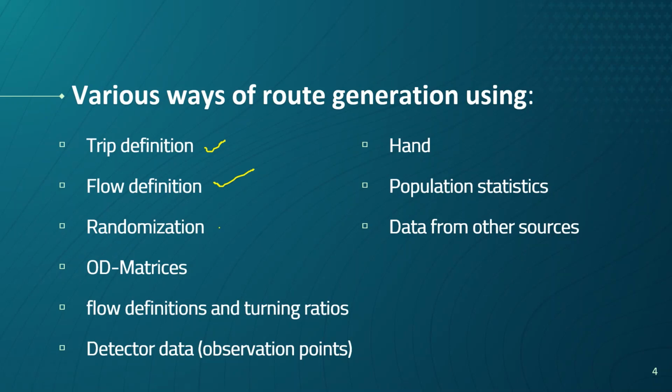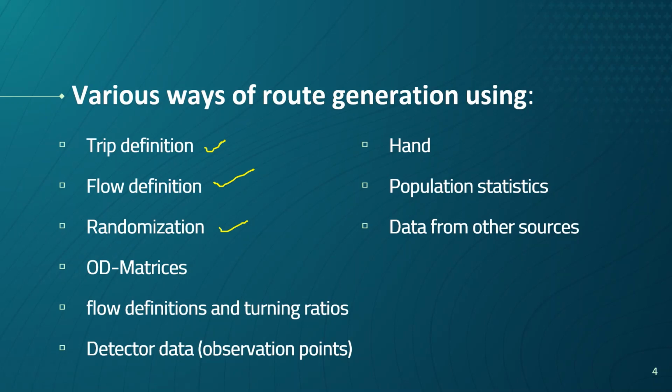We can also use randomization for generating the demand. This is a quick way to get some traffic if you don't have access to any measurement, but be careful, the results are highly unrealistic. We can use OD matrices. The origin and destination matrices are often available from traffic authorities.